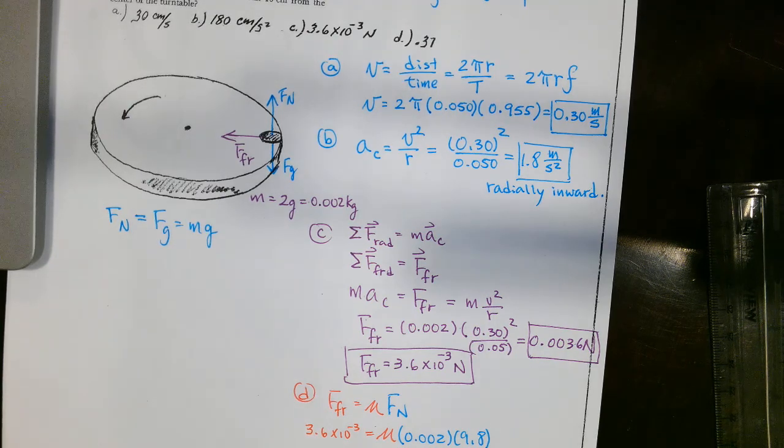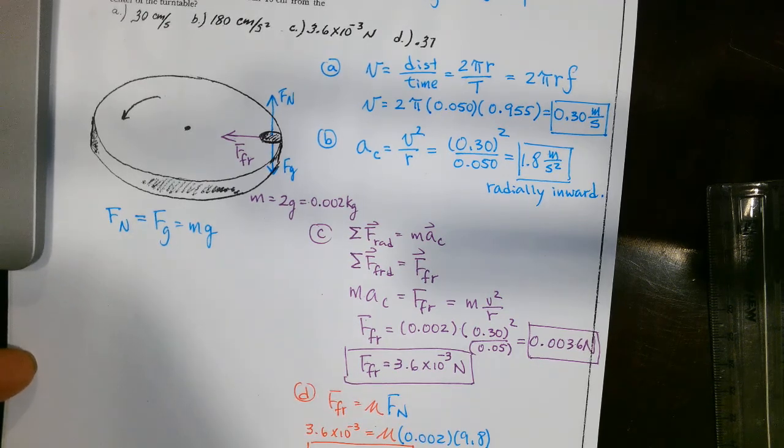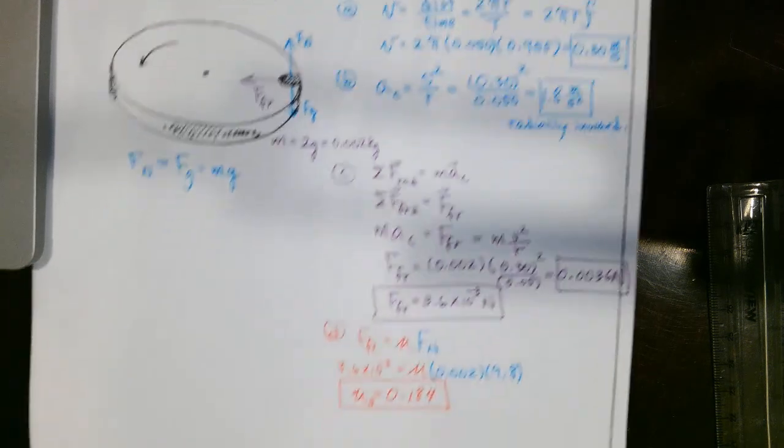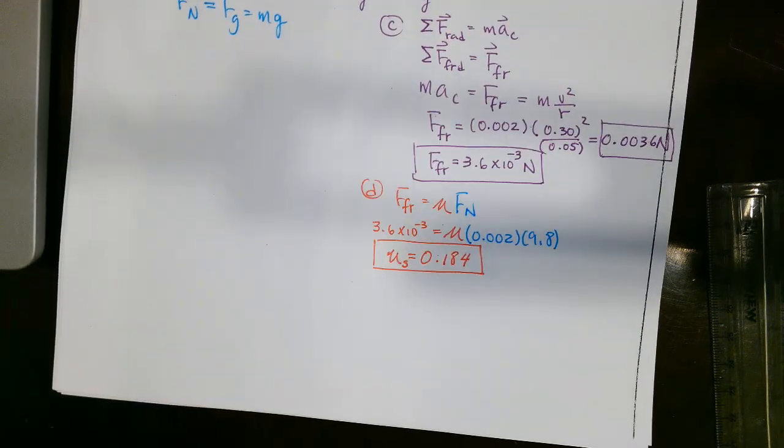I get something like 0.183674 as my mu. And that is mu sub s, by the way, because it is a static coefficient of friction. All right.